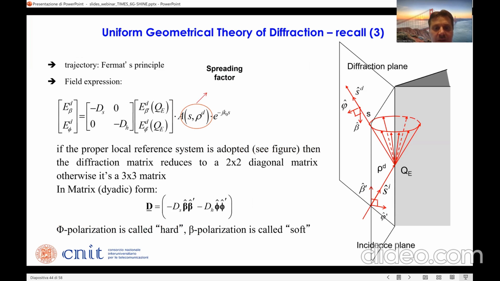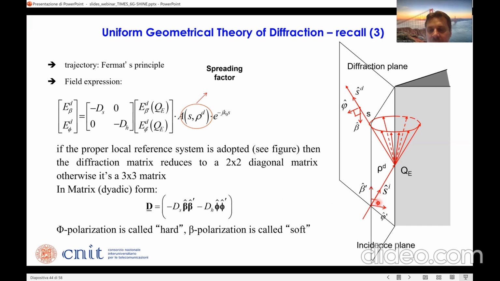Concerning the diffraction coefficient, this can be expressed in this way, in a dyadic form. And this dyadic is diagonal if we use a proper reference system integral with the ray, incident and diffracted ray.